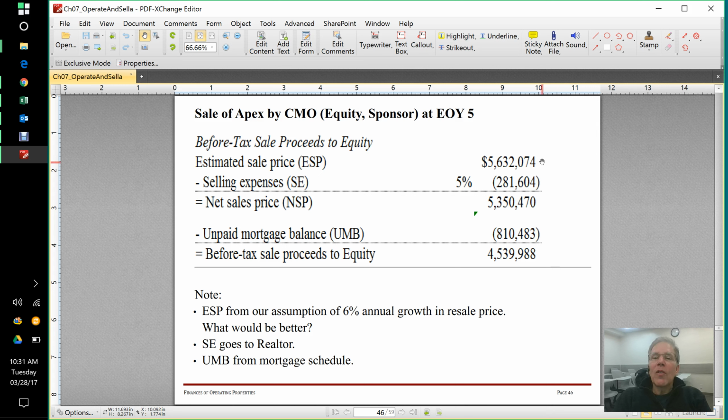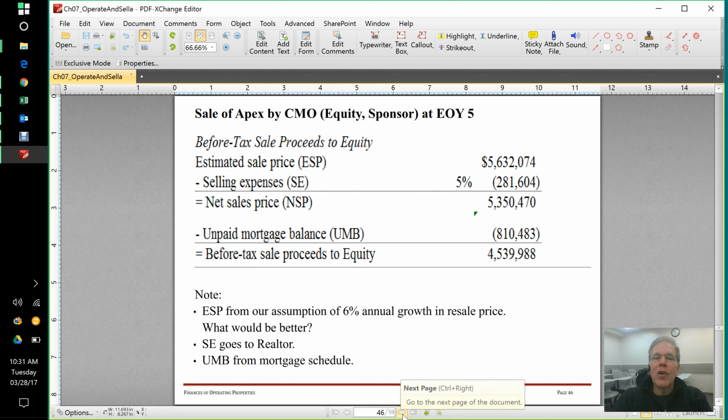The building gets sold for 5.6. They pay the broker. They have 5.4 left. They pay off their unpaid mortgage balance, and then they have about $4.5 million left. Where did we get this unpaid mortgage balance from? Well, that comes from the mortgage cash flow tables year by year by year.